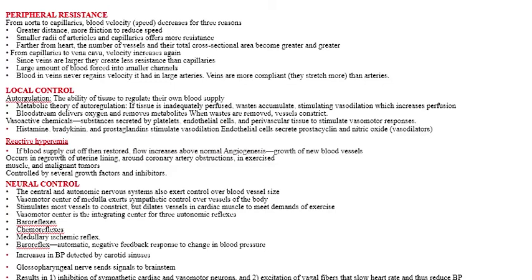After local control, we are talking about neural control. When I talk about neural control, I usually talk about the sympathetic and parasympathetic systems. There is a vasomotor center in the medulla oblongata, which controls the sympathetic supply to the vessels and stimulates the vessels to contract and relax.